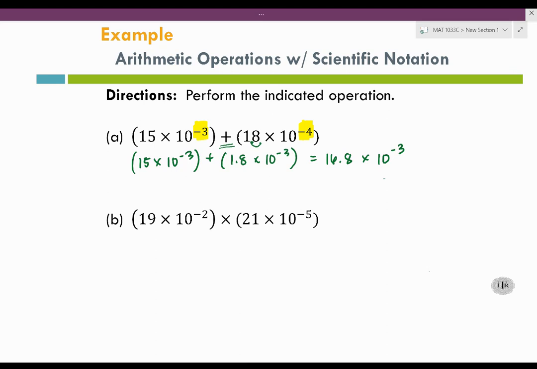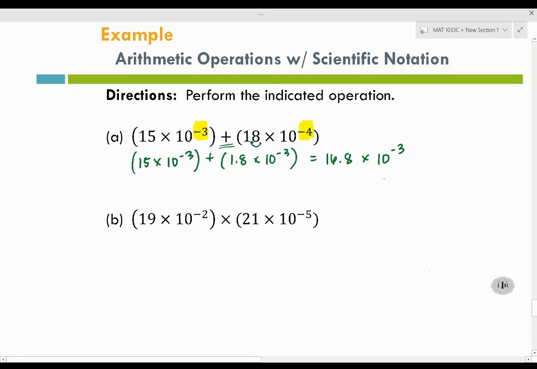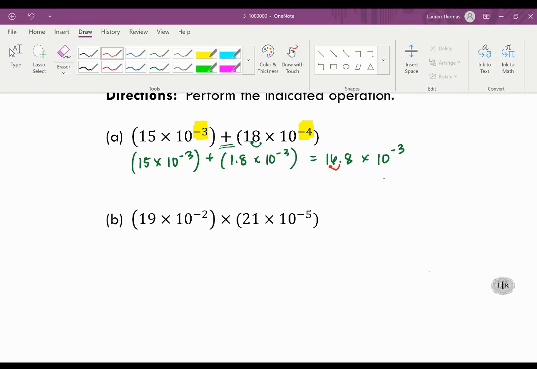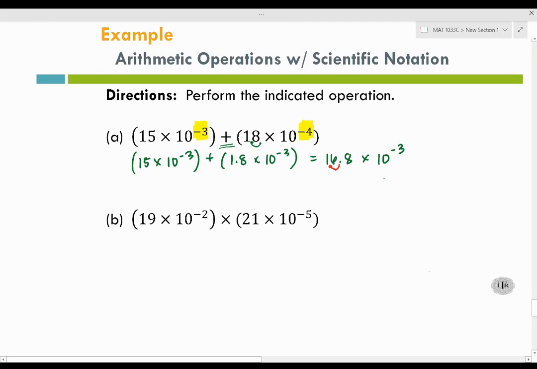I'm going to move the decimal to the left one place. Anytime you're moving the decimal to the left, you are increasing the power by 1. So my final answer is going to be 1.68 times 10 to the -2nd power. So be careful when they're negative exponents. When you add 1 to -3, it's not -4, it's -2.